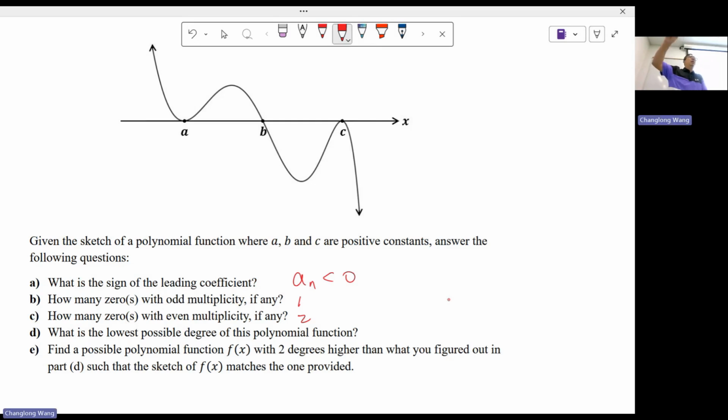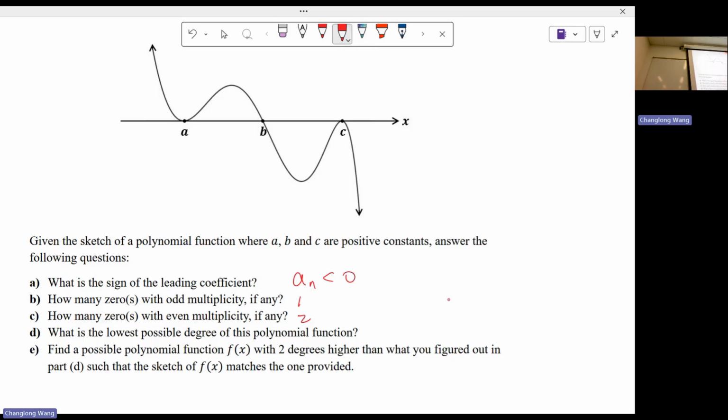Okay, now n minus 1, where n is the degree of a polynomial, gives you the number of turning points, not the zeros. You guys remember that? But we went backwards, right? Yesterday I said for a degree n polynomial, there should be at most n minus 1 turning points.